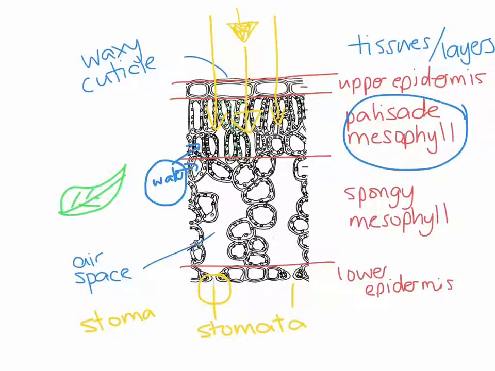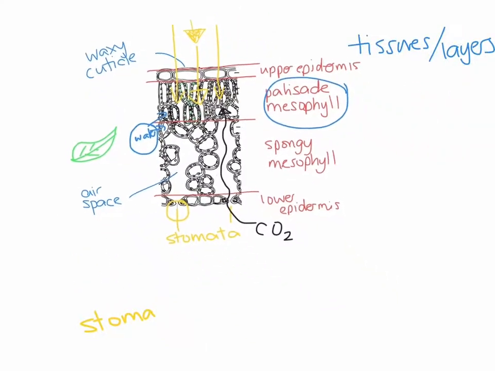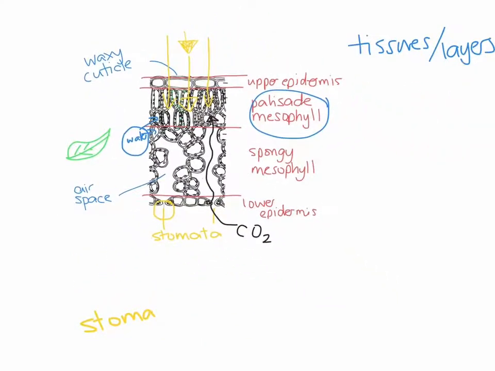So I'm just going to jot down carbon dioxide and put an arrow going through there and up to there. So to summarise, on the right hand side of our diagram there, we've got 4 layers, or 4 tissue layers.